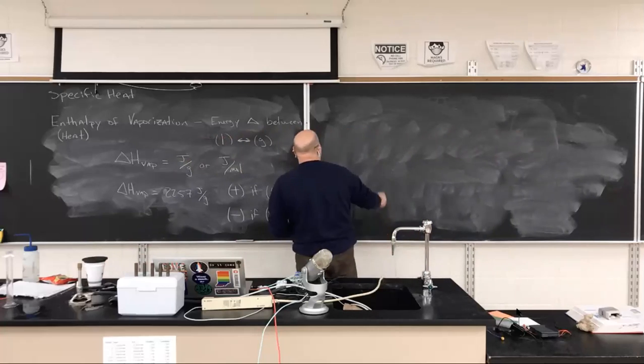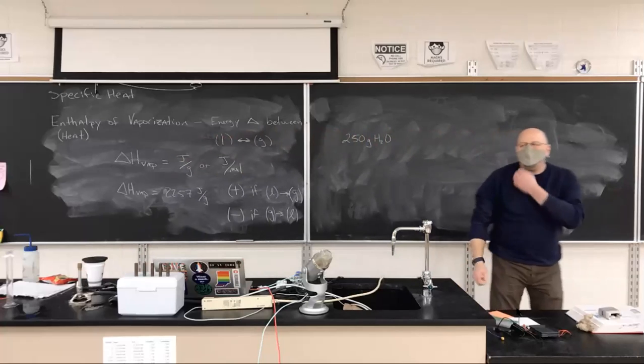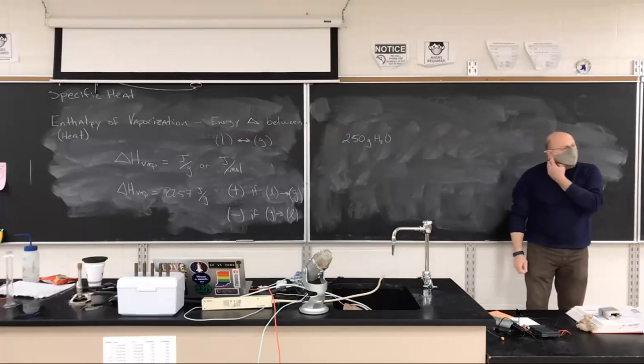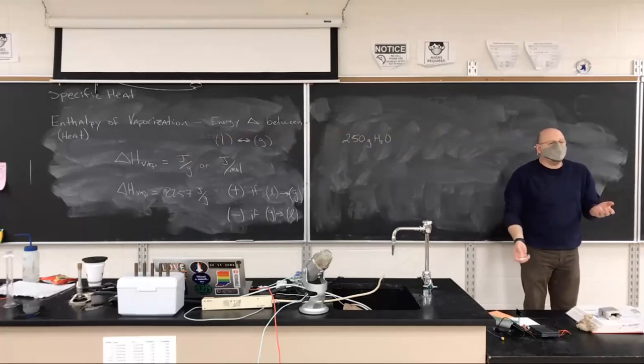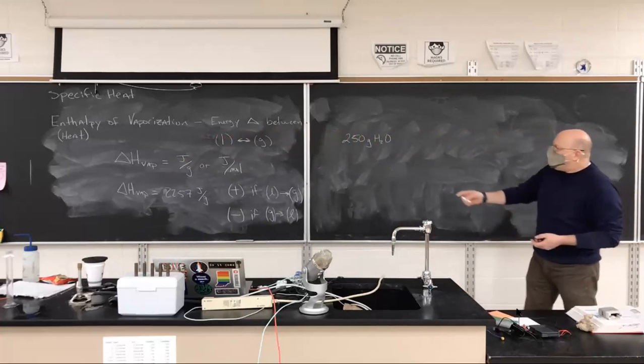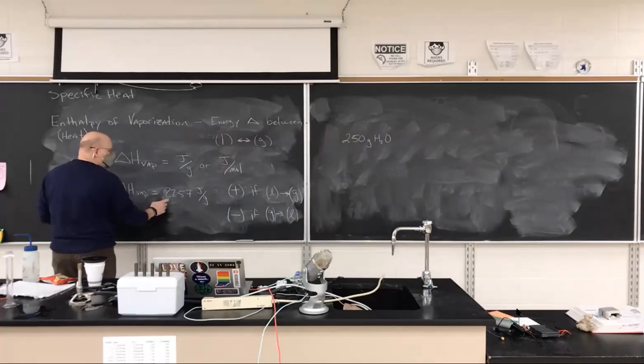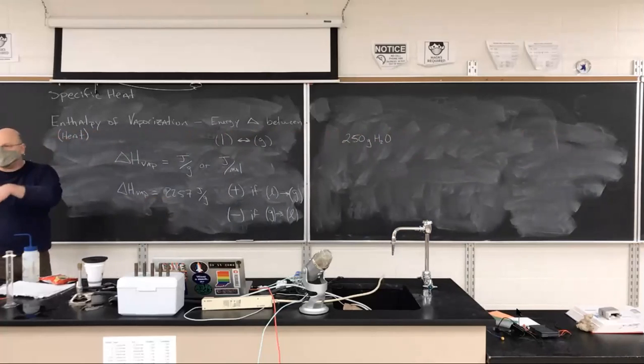So I have 250 grams of water. If I were to boil all of that water away, how much energy would have been required? Well, we use the enthalpies of vaporization. We use those because there's not an equation for it. We use them as a conversion factor.